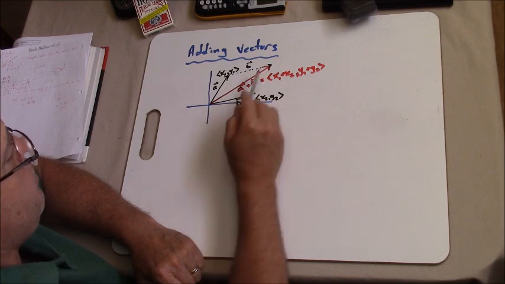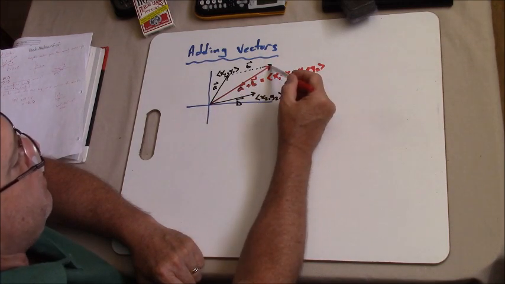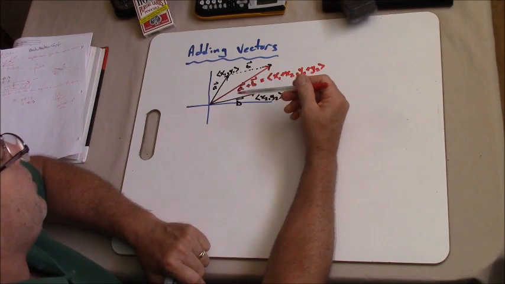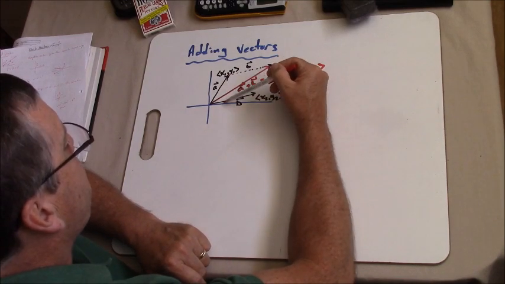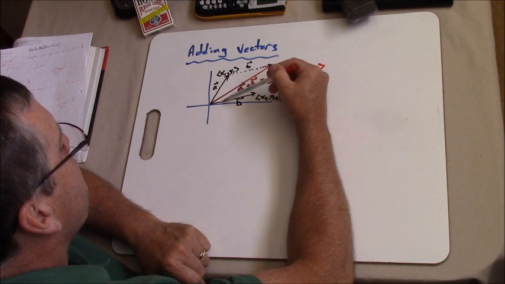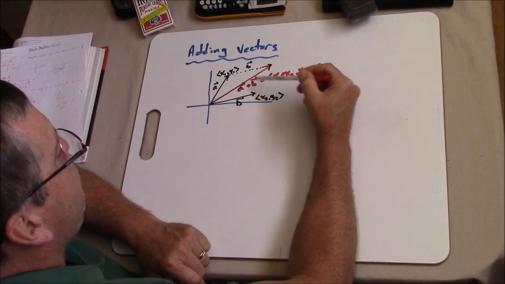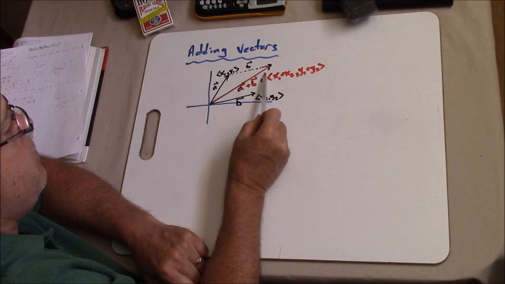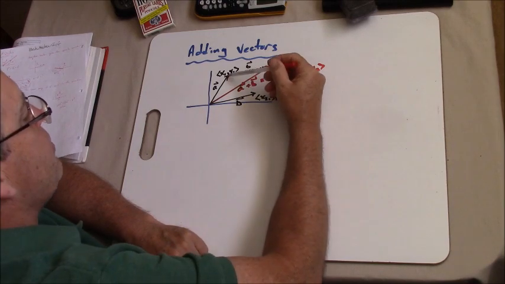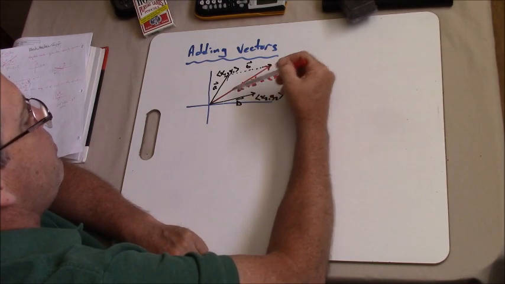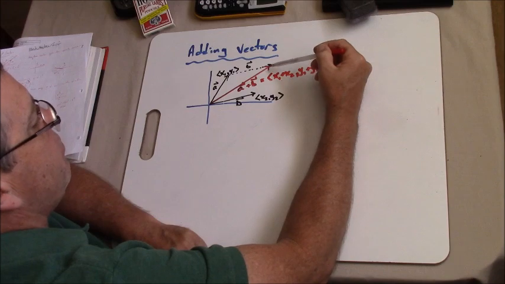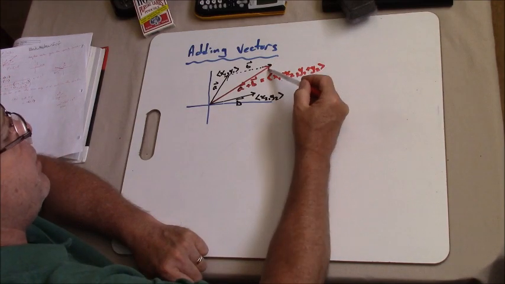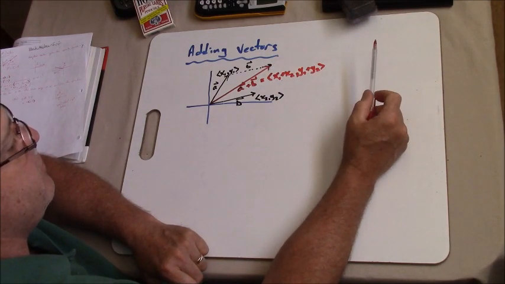When you add those two x coordinates together, you figure out what this x coordinate right here is. Same thing with the y coordinates. Whatever this y coordinate is, as you go across, that's the same distance up. So I've got this y value plus this y value, and that gives me the y coordinate at that point right there.